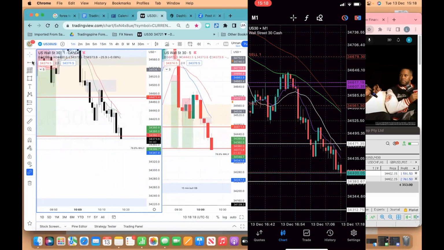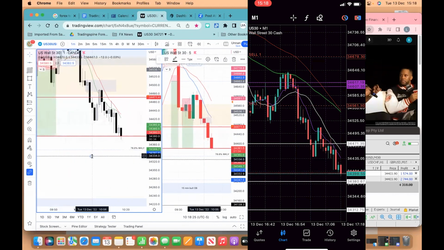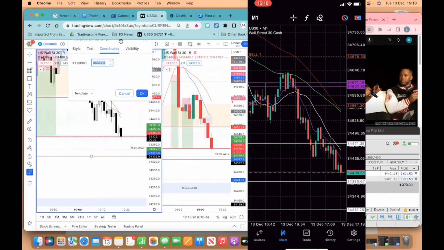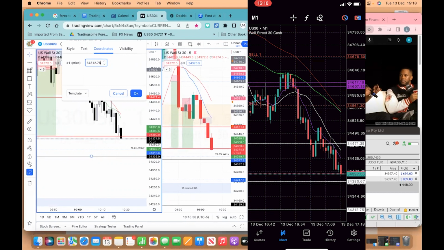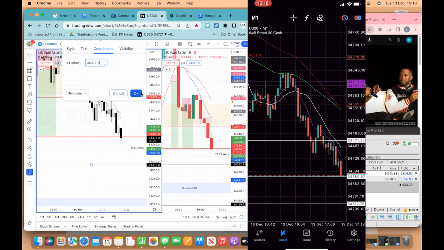I have marked up an area on my phone which has another gap in price, and it's at 34312.75, just below 78.6.